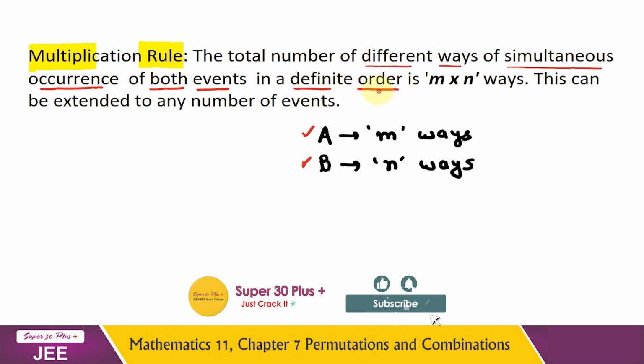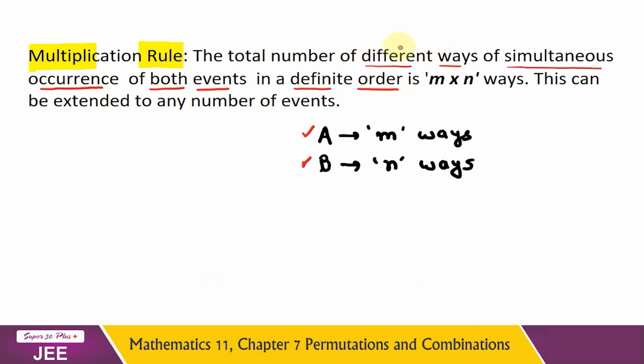So if I am interested in calculating the total number of different ways of simultaneous occurrence of both the events, then this is possible in m multiplied by n ways. So in the multiplication rule we are going to multiply m with n. Alright, and this can be extended to any number of events.